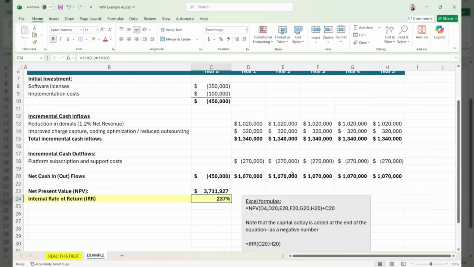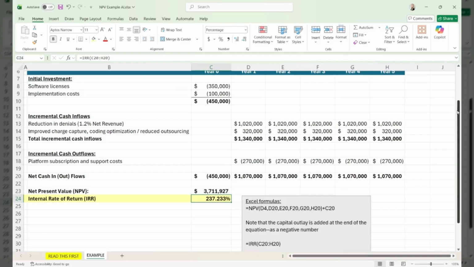Now, if you wanted to test what I told you earlier, when I told you that the internal rate of return is the discount rate that makes all the discounted future cash flows have a net present value of 0, we could test that by taking this IRR number that we came up with here, this 237%, and I'm just adding some decimal points so that I make it very precise.